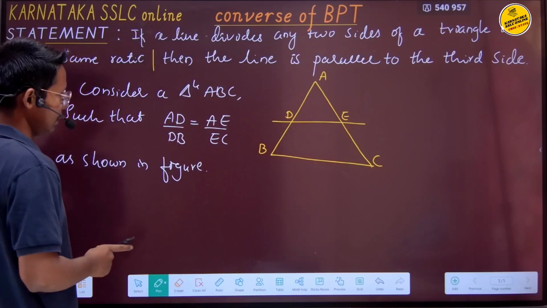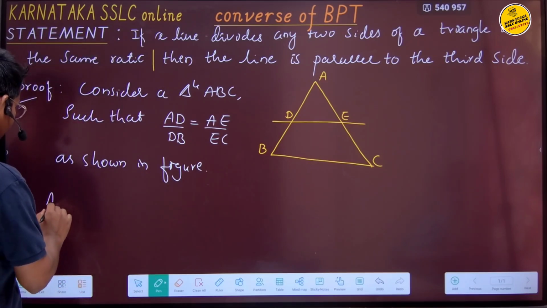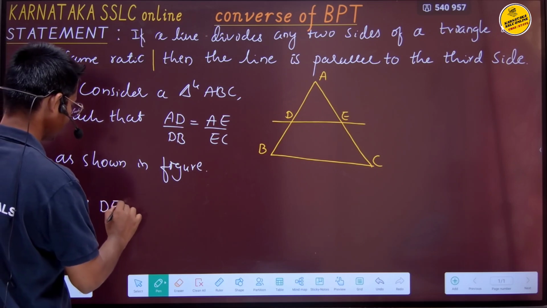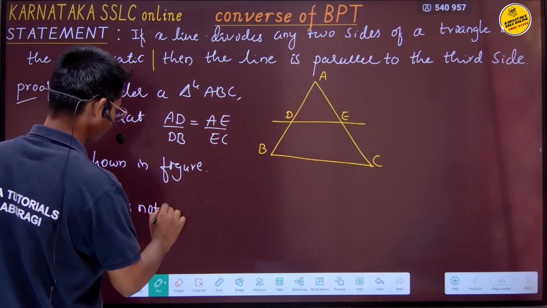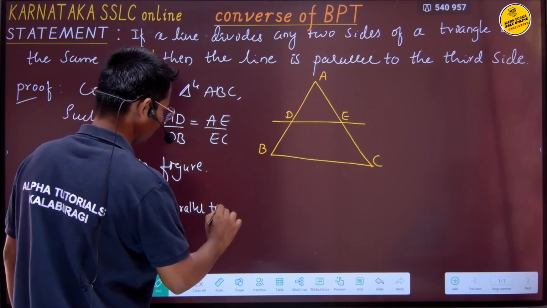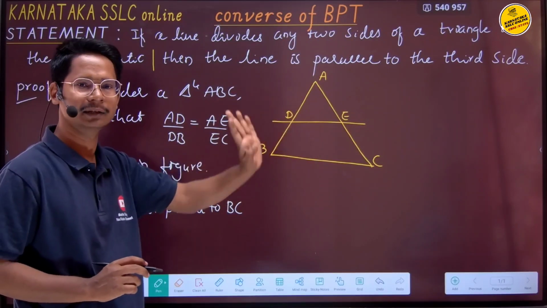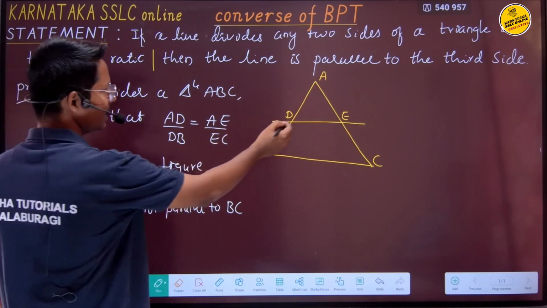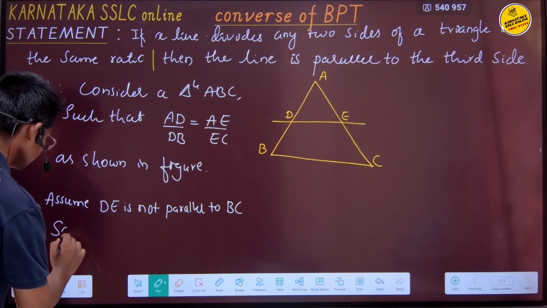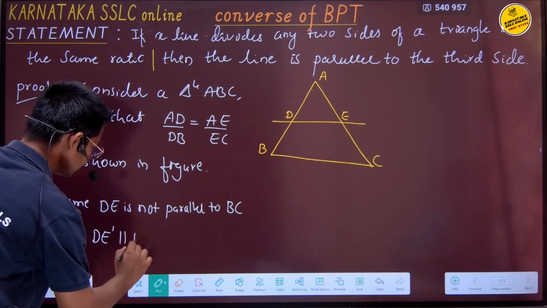So what we'll do? Here we need to make an assumption. Assume DE is not parallel to BC. If DE is not parallel to BC, some other line should be parallel, so say DE dash is parallel to BC.